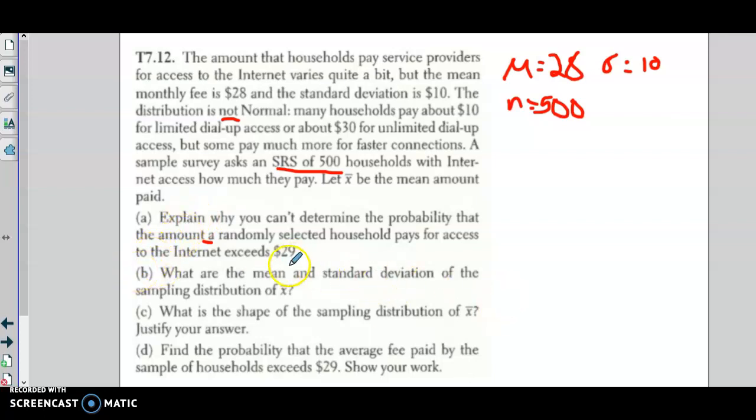However, for the sampling distribution, the mean of that sampling distribution is the same as the population mean, so 28. And the standard deviation, I apologize for my writing here, the standard deviation of all the X bars, or the sampling distribution, is the population standard deviation divided by the square root of N. So whatever we get for that, I'll make it a decimal in a second.